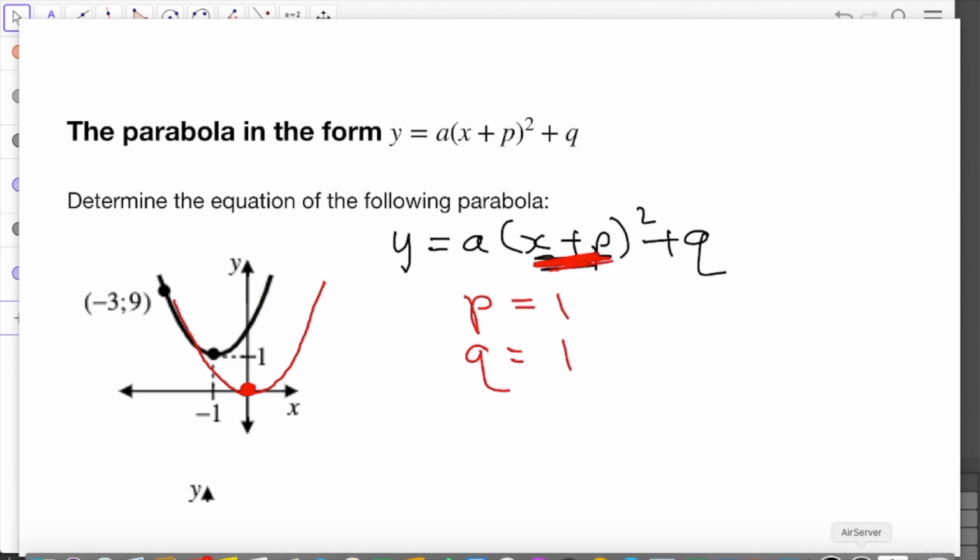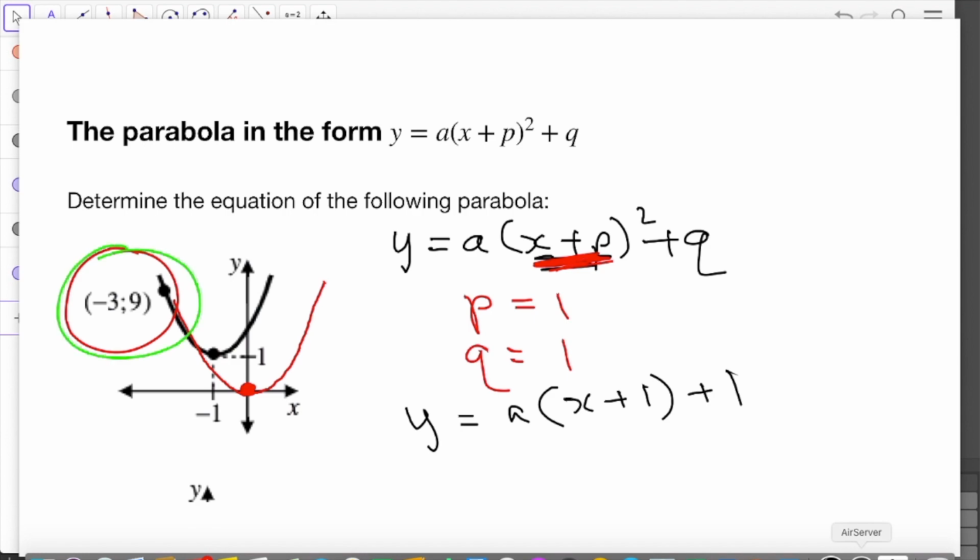Now we know p and q. The only challenge now is a. Let's put those values into the equation. We have y is equal to a(x plus p) all squared plus q, but p is 1, and q is 1. So that is what we have. We need to find the equation, which means we need to also know the value of a. And that is the reason why we are given that our graph passes through the point (-3, 9).